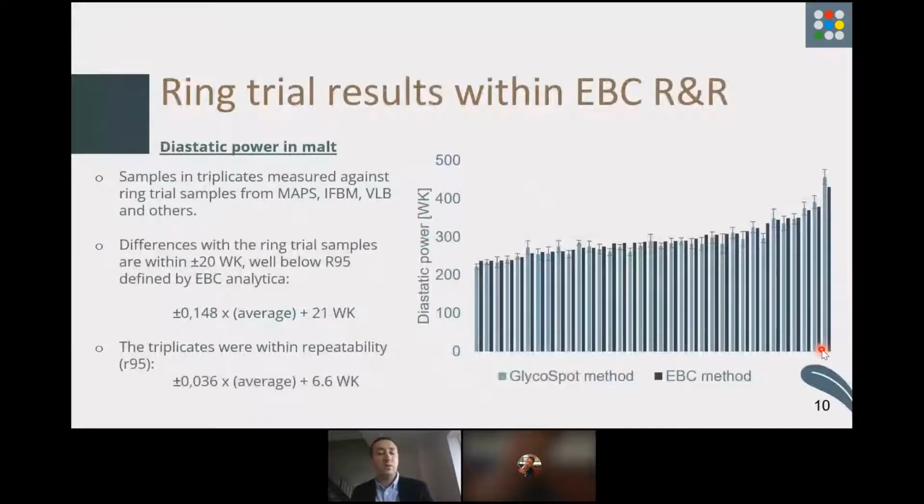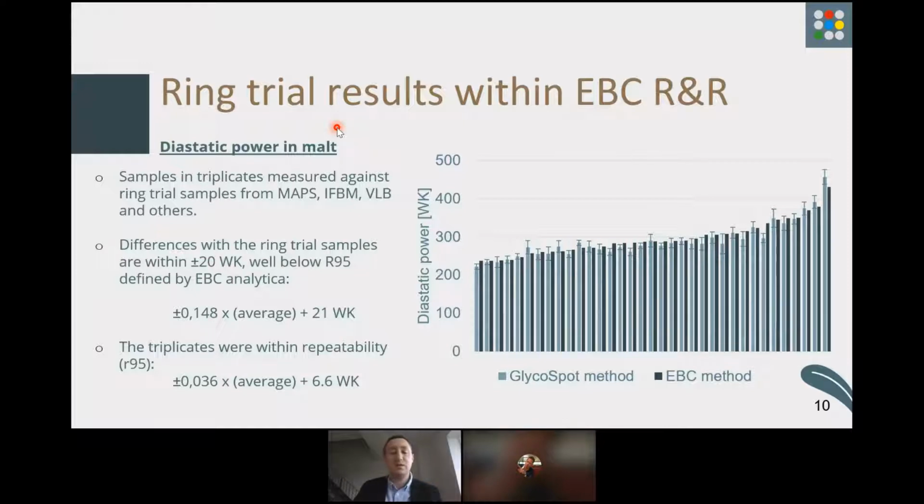How accurate are we? Well, if we have a look at different ring trials we participated in, here I have a sample of some of them. The dark lines represent the reference values of the ring trials, and the gray values are the average of the triplicates using our method.